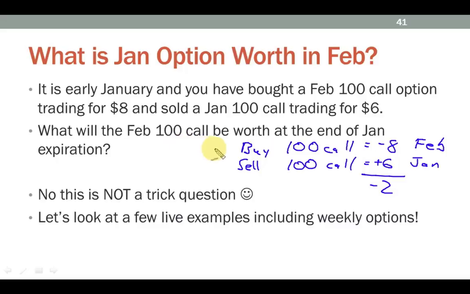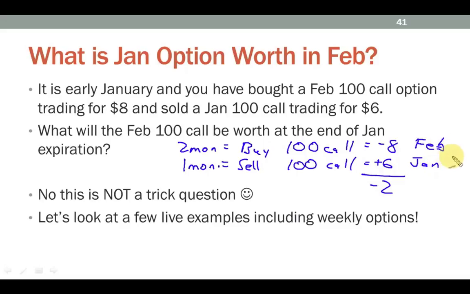Why? Because, again, what's a 1 month option worth in this stock? Right now, this guy has 1 month until expiration. This guy has 2 months to expiration. But don't look at a February option as being different than a January option. What's the difference between a February option and a January option?